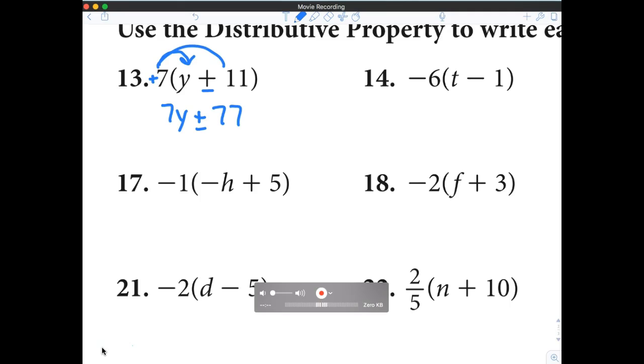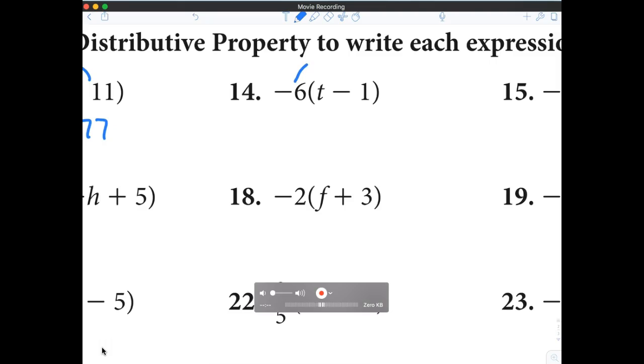All right? So now, let me do number 14, then we're going to go around the room. Number 14, negative 6 times t is negative 6t. Then we're going negative 6 times negative 1. Negative times a negative is a, so it would be positive what? 6.